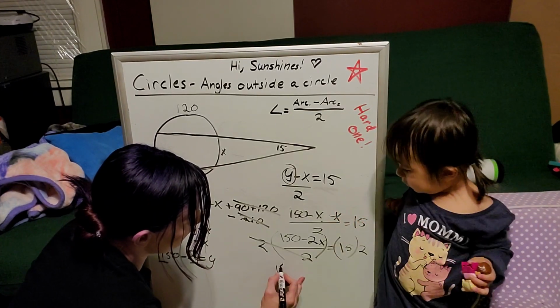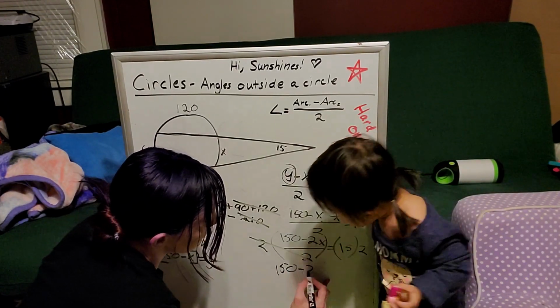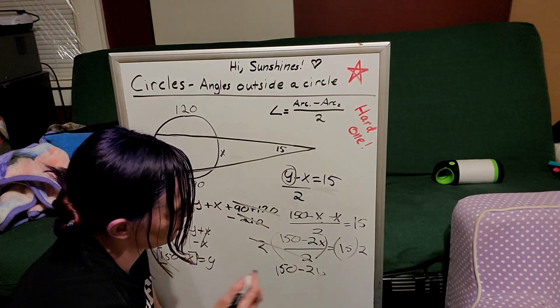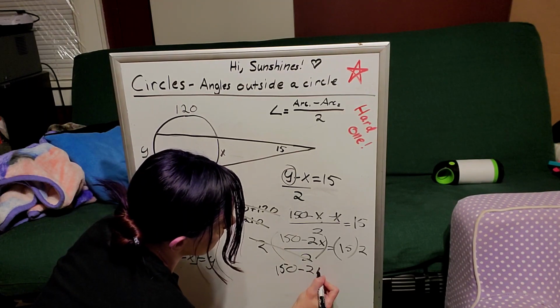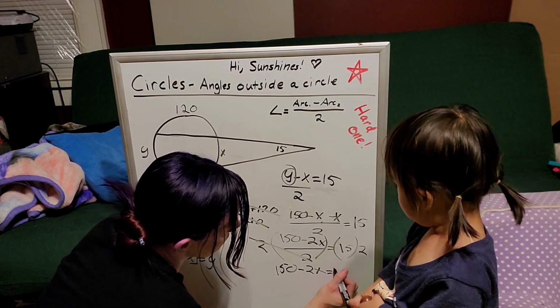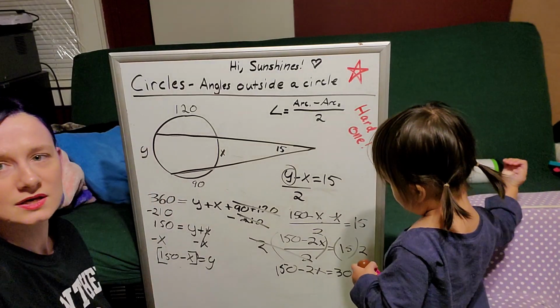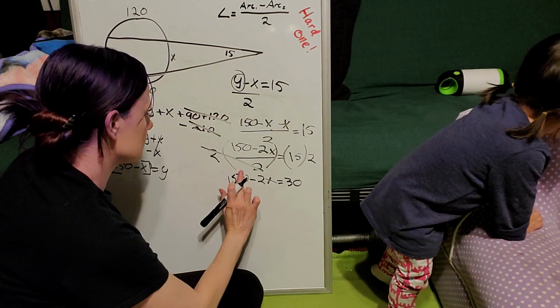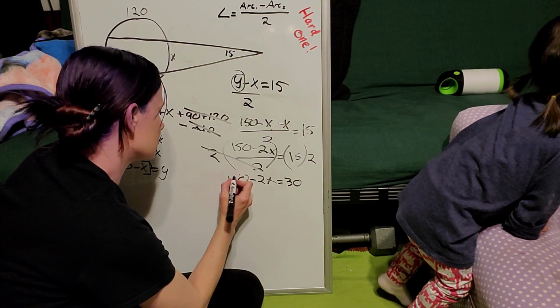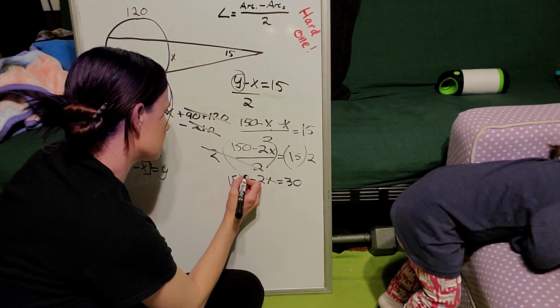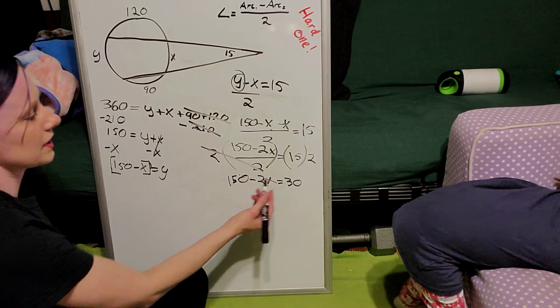So now I have 150 minus 2x equals 30. So now I want to get x by itself.